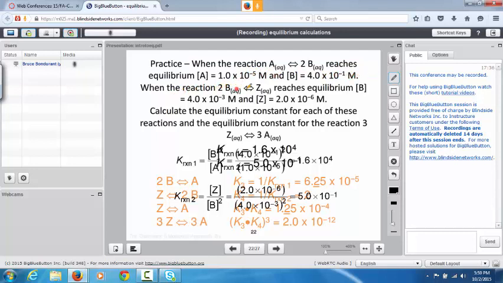When reaction 2B goes to Z, the equilibrium B is 4 times 10 to the negative 3rd molar, and Z is 2 times 10 to the negative 6th. Let me see if I can do something here. I think so.